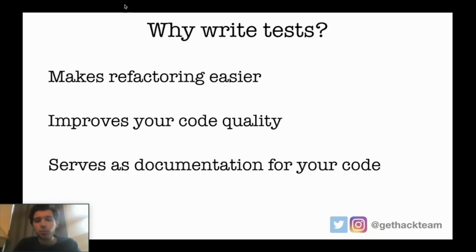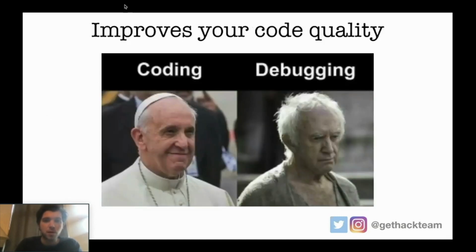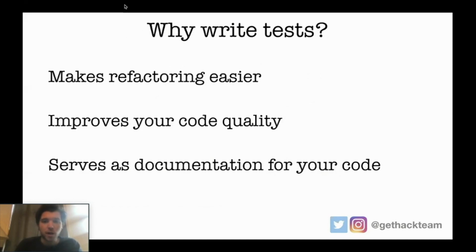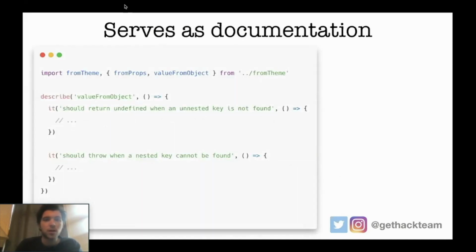And the same as I told about edge cases, tests can also be documentation for your code. So it improves your code quality, right? Because who likes debugging? It can really serve as documentation. If you look at this function, from a design library I've been working on, you import some functions and then test them. Then you can write down what your test cases are.